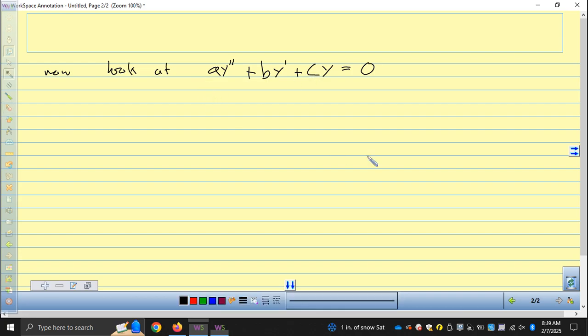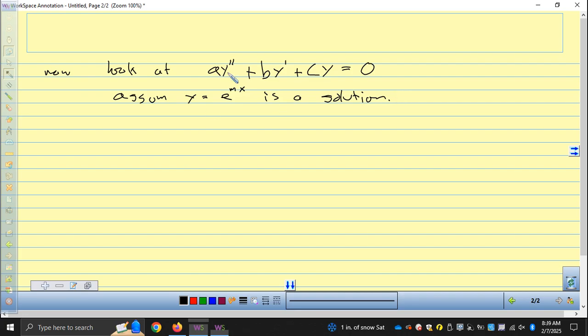And we know this has a general solution because our coefficients satisfy our conditions for having a general solution. So we're going to assume that y equals e to the mx is a solution. And we're going to see what that implies about m.